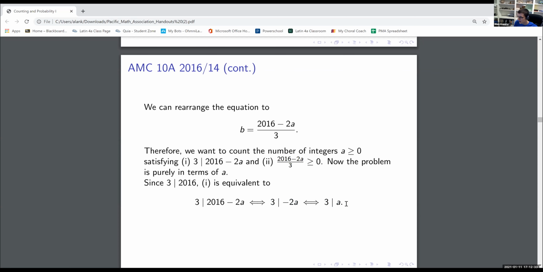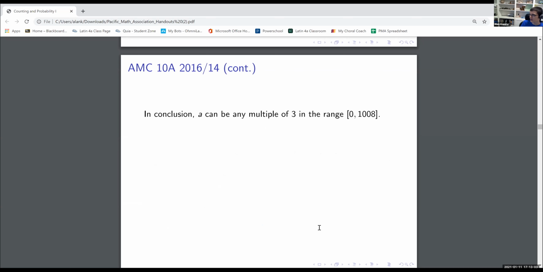This means that our equation is basically asking for how many multiples of 3 there are from 0 to 1008, since we have, by our second condition, that 2016 minus 2a is greater than or equal to 0. So how many multiples of 3 are there between 0 and 1008?